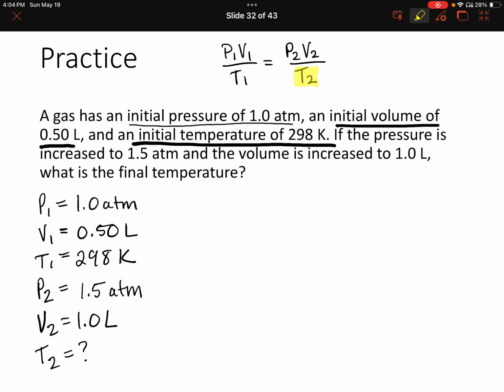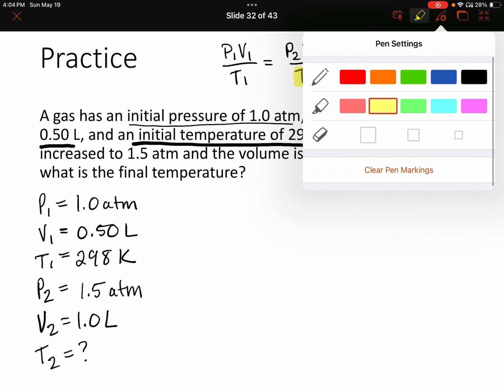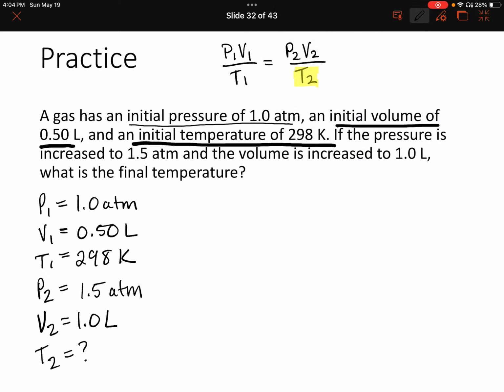What I might do is multiply both sides by T2, and that way T2 will cancel on the right, and now it's in the numerator on the left-hand side.